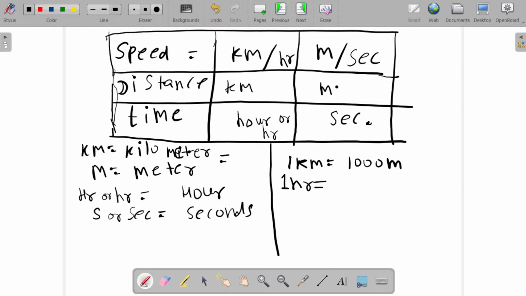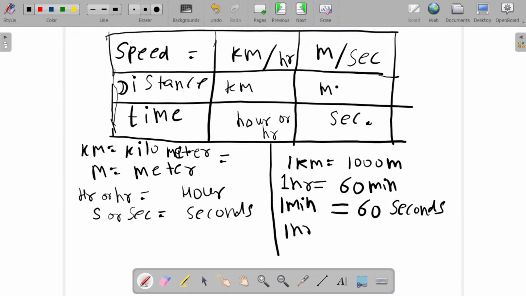For hour there is another unit called minutes: 1 hour equals 60 minutes, and 1 minute equals 60 seconds. So 1 hour equals 3600 seconds. These are the basic things we need to know before solving the questions.